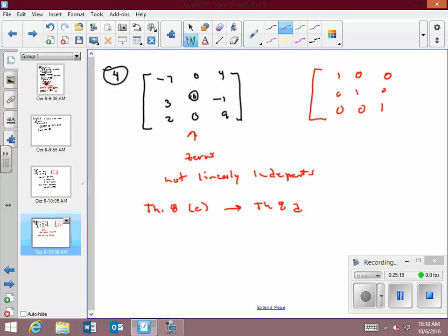Because this column right here has all zeros in it, you could never get the identity. A column of zeros will not allow you to get an inverse, because it's a transformation of the matrix into the identity, and it'll never happen.